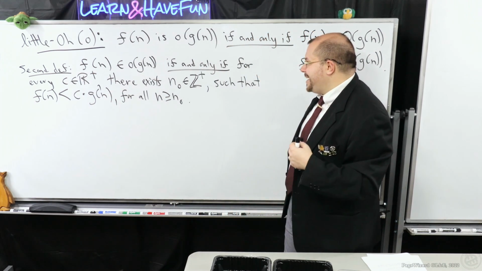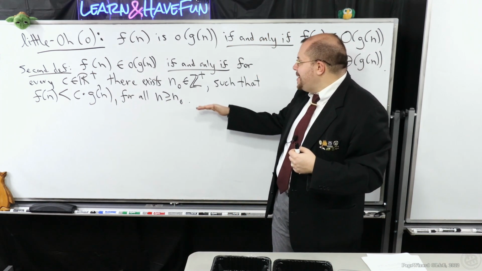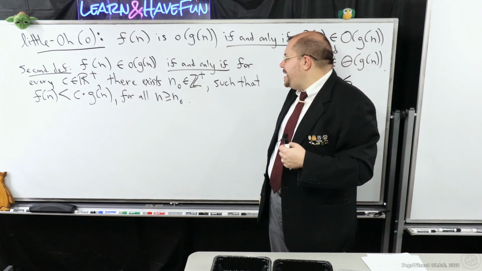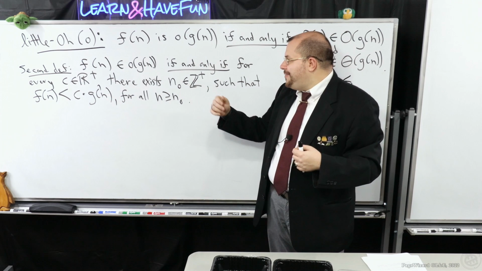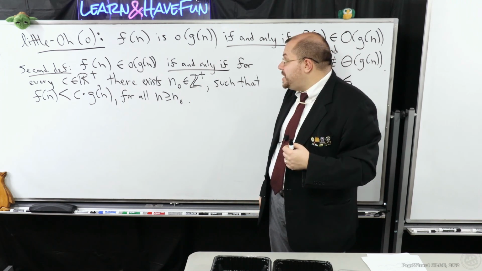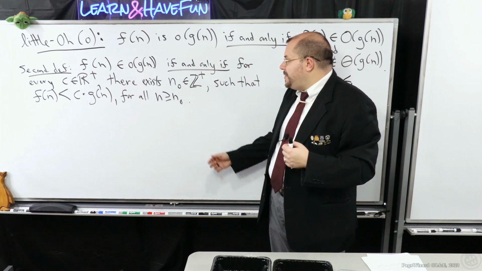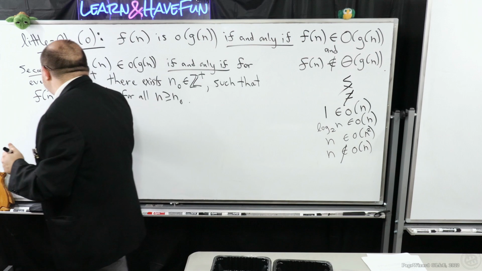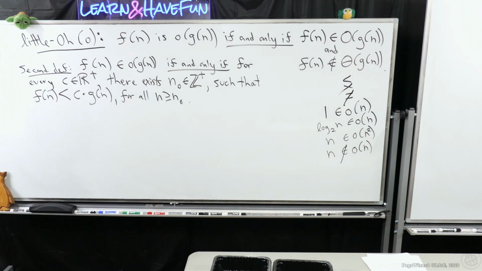So yes, that's in here. We find that there exists this positive integer, and it has to be that f of n is less than c times g of n for all of these, right? A lot of this seems similar. The inequality is sharp now, as opposed to being less than or equal to.